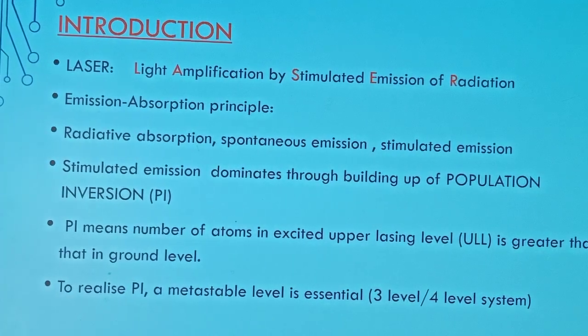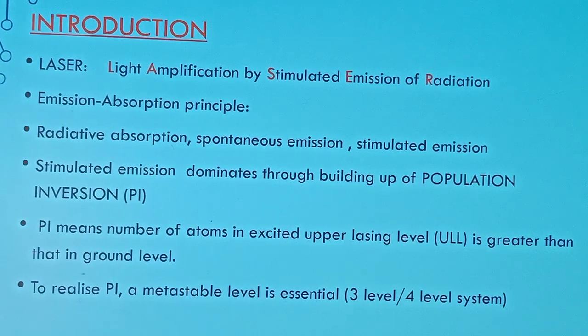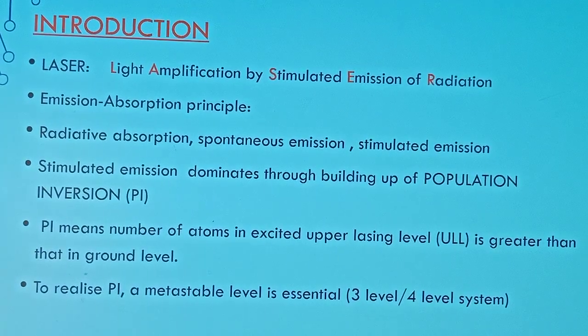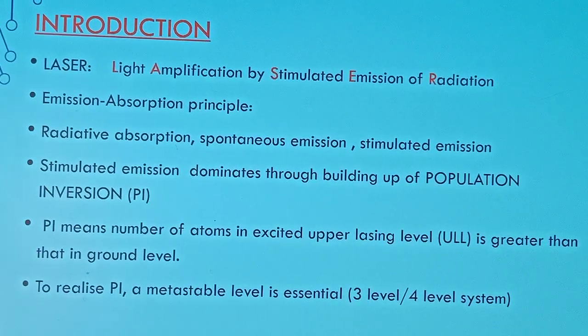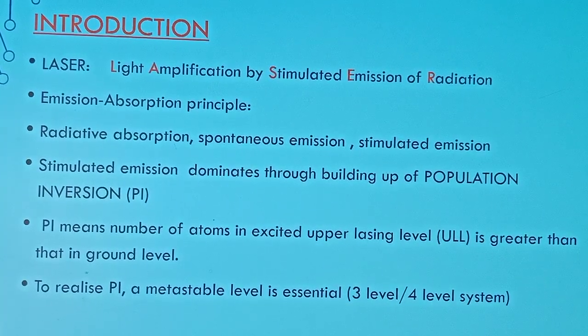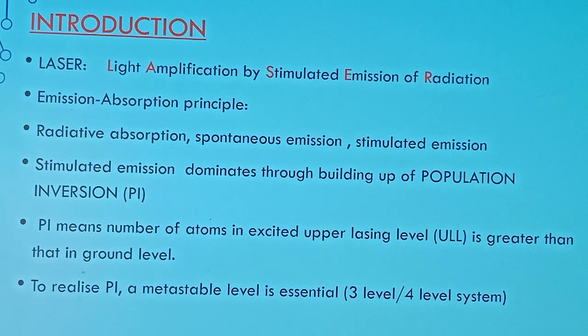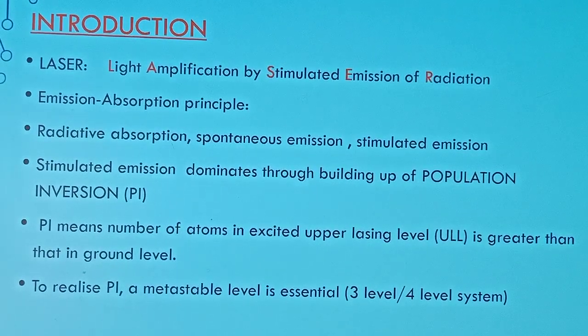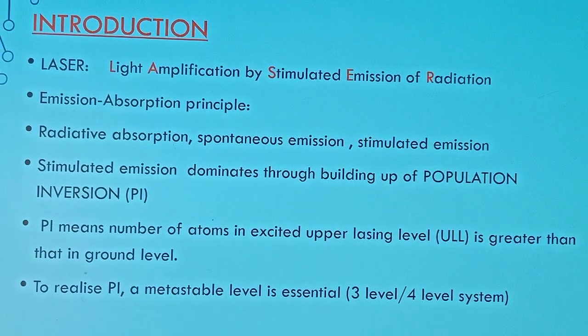So what are the basic things we are supposed to have for laser action? There should be population inversion. That is, the number of atoms in the excited level should be greater than the number of atoms in the ground level.